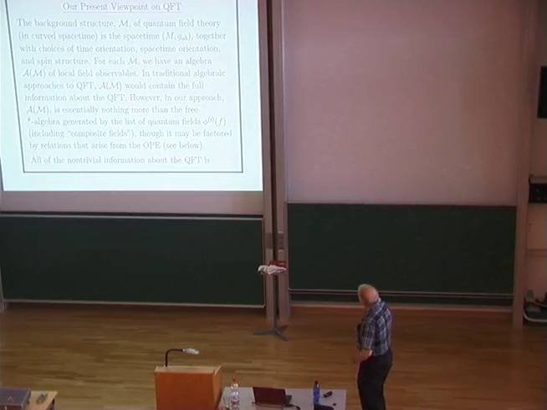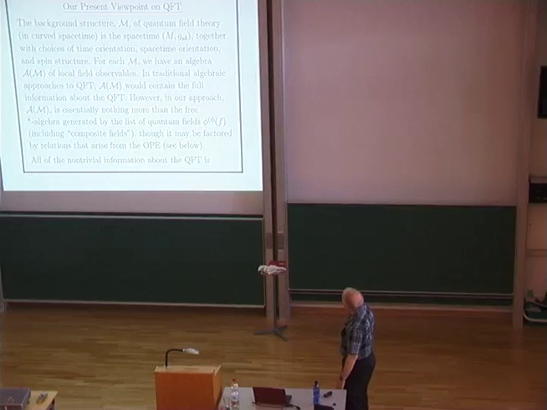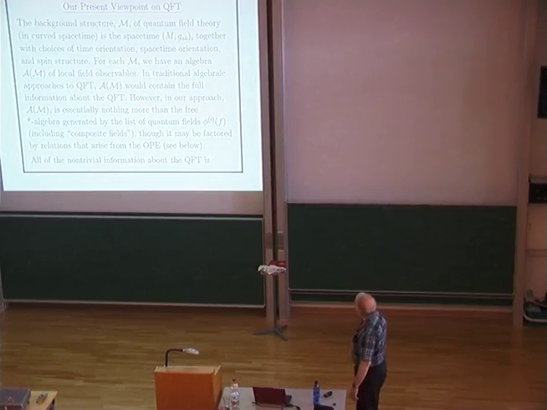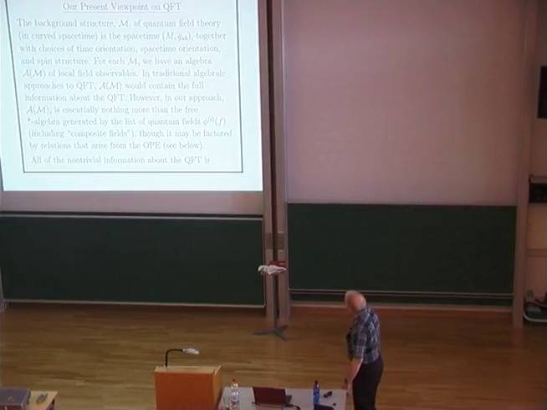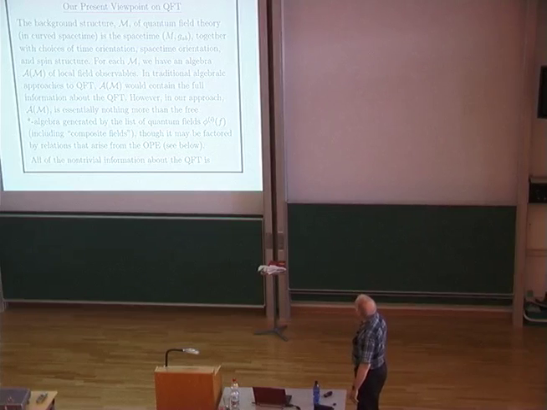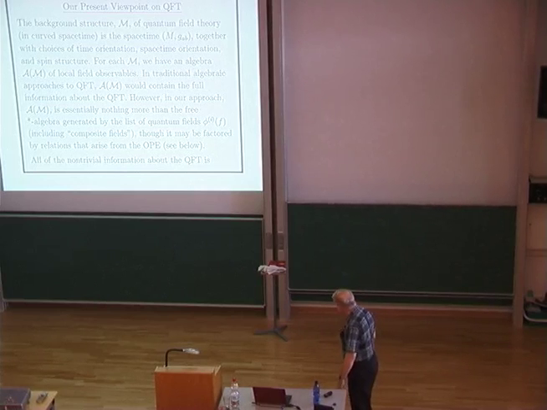Now, in usual approaches, one would normally assume that the algebra itself contains the full information about the quantum field theory. In our viewpoint, the algebra contains very little information. The information is actually going to be in the operator product expansion. The algebra will contain some information, but it's really information about relations between elements in the algebra that can be derived from the operator product expansion.